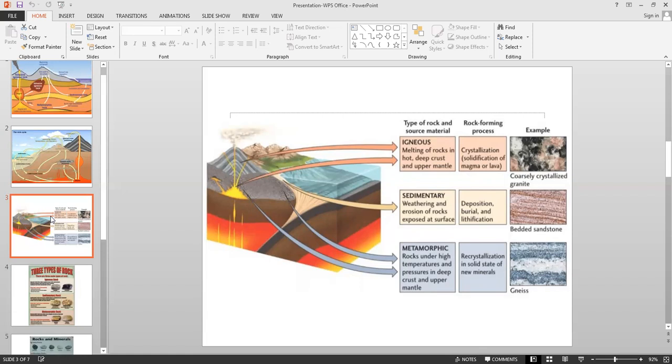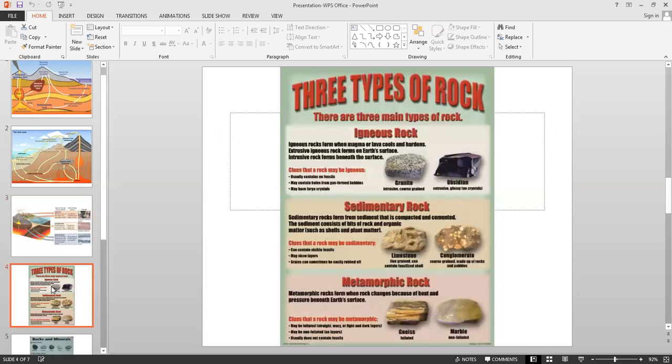You can change that slide and give us more examples of the rock types so that they can be differentiated according to their color. These are the types of rock. For the igneous rocks, you can see the granite and the obsidian.